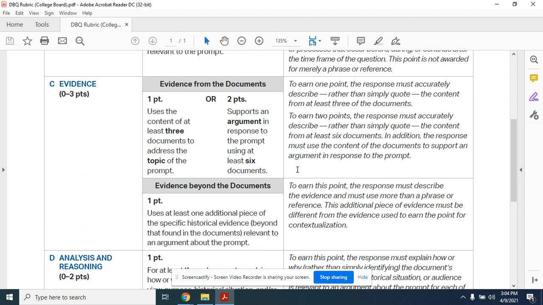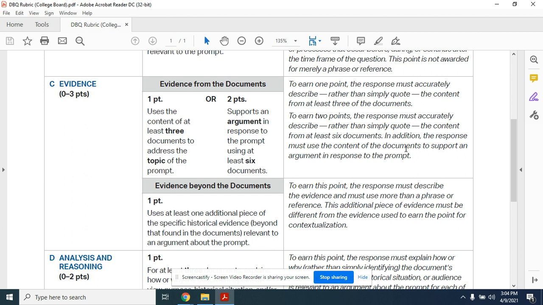We need to develop it quite a bit in order to earn this point. Now, it doesn't necessarily get its own paragraph. I guess it could, but most likely it's going to be several sentences of using this piece of evidence as well. So, it could fit in anywhere in your essay. Maybe it does go nicely and naturally with one of the documents, and so you're kind of working it in with that. That's fine, okay?